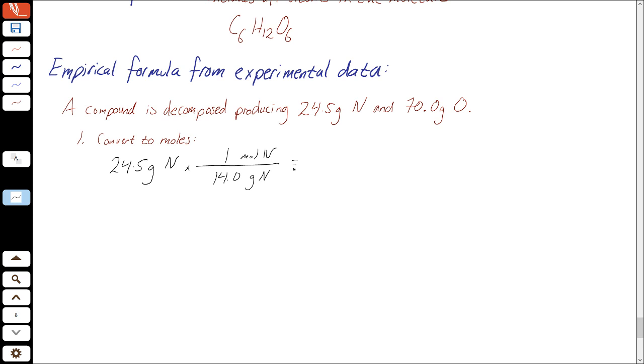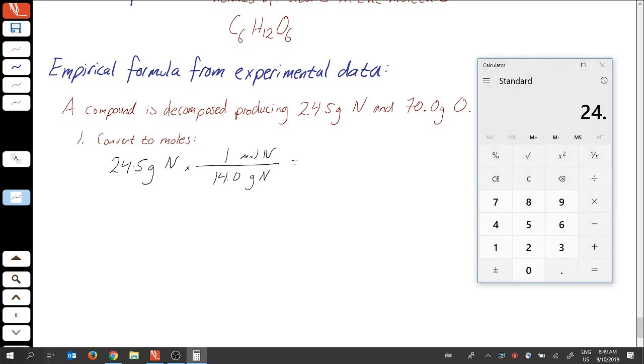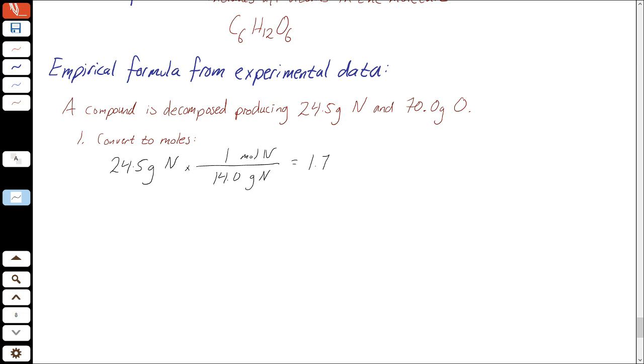Okay, that's the molar mass of nitrogen. 24.5 divided by 14 gives us 1.75. And then we do the same thing for oxygen. So we got 70.0 grams of oxygen.